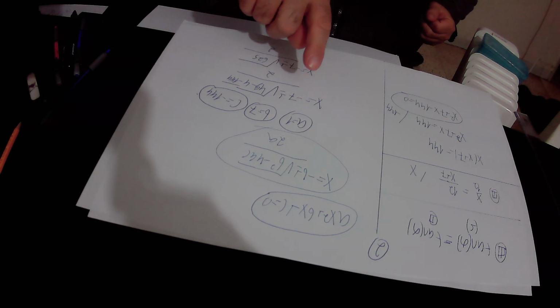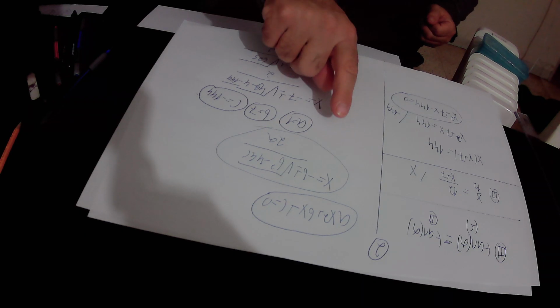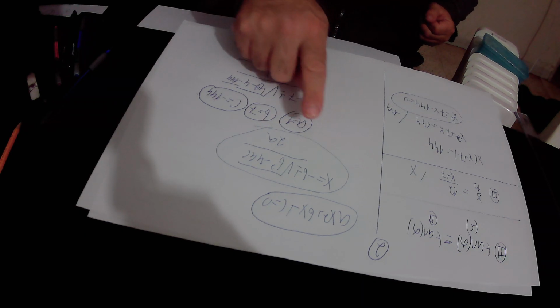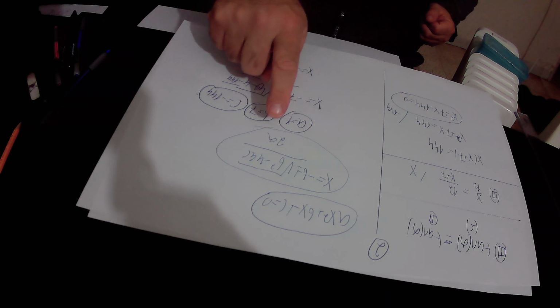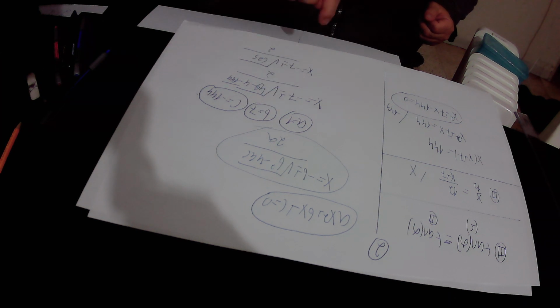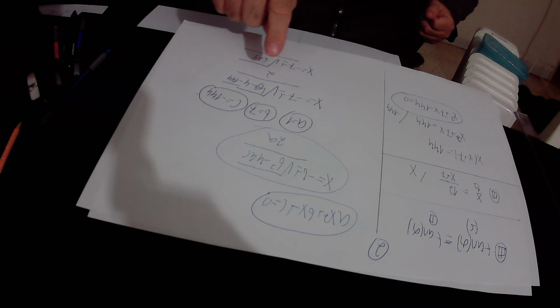And we find the value of x according to this special formula. x equals minus b plus or minus the square root of b squared minus 4ac, over 2a. In our specific quadratic equation, x squared plus 7x minus 144 equals 0, the coefficient a equals 1, the coefficient b equals 7, and the coefficient c equals minus 144.